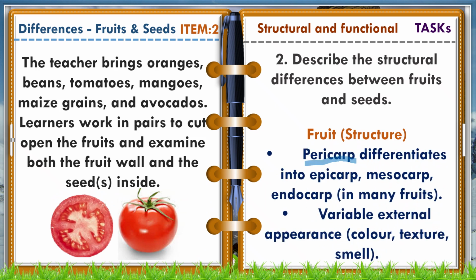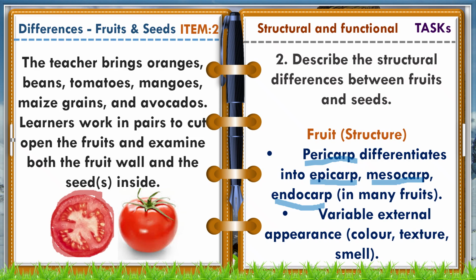The pericarp differentiates into the epicarp, the mesocarp, and endocarp in many fruits, like the way we have said. Our pericarp is made up of three layers. We have the outer layer, which we are calling the epicarp.